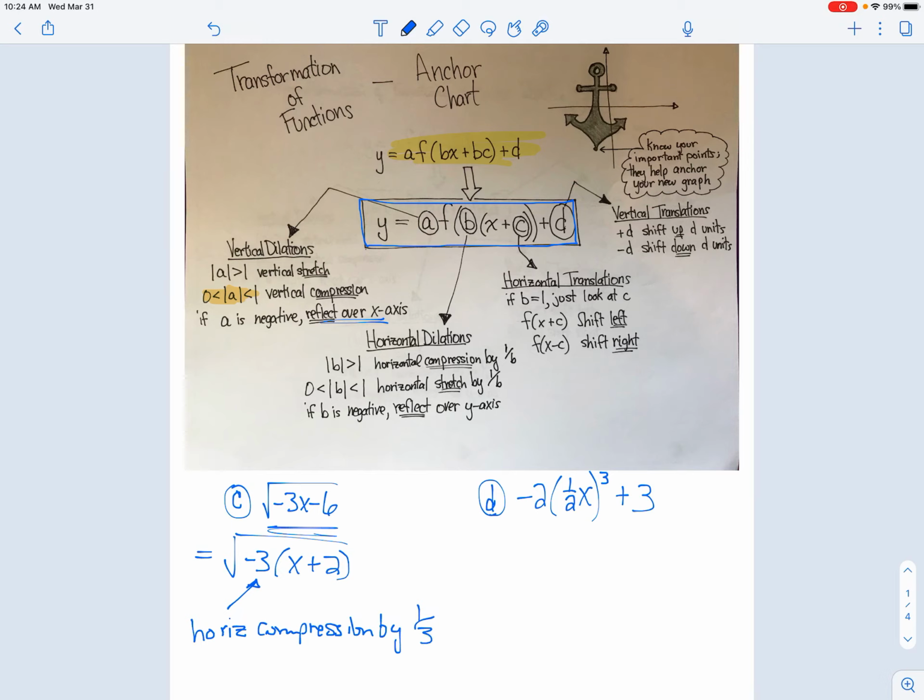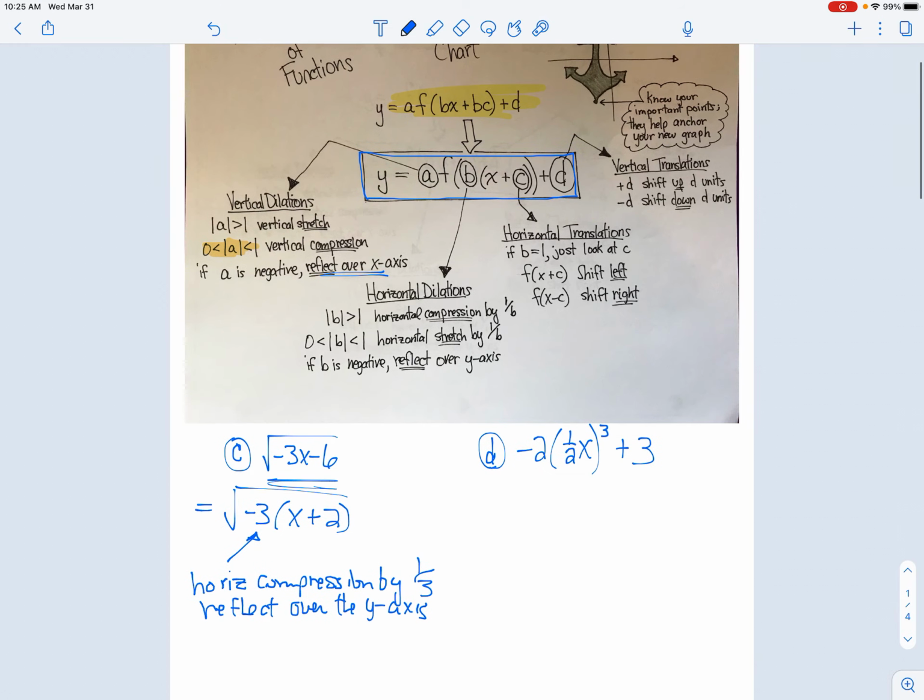There's also a reflection element, so that would be a reflection this time over the y-axis. And the +2 on the inside means that I'm moving left 2 units.